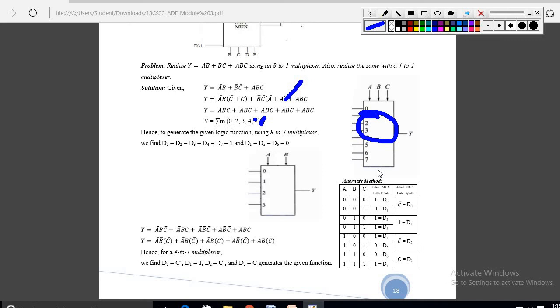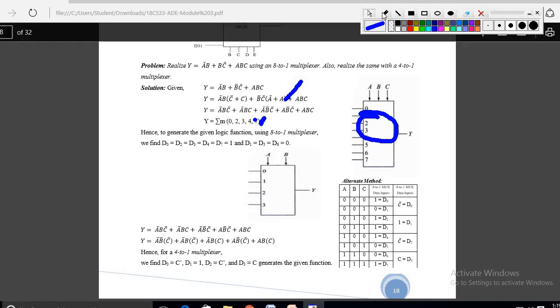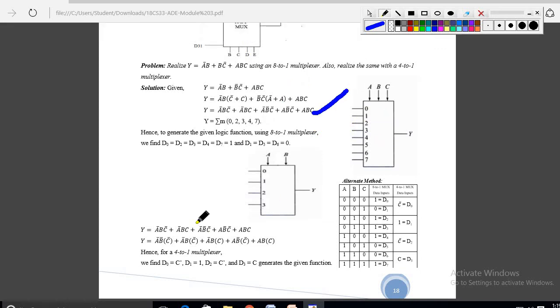Like that you have to do it for the 4:1 multiplexer. How will we do the 4:1 multiplexer? The same expression we obtained here. For 4:1 multiplexers only 2 control inputs are there, but here 3 possible control inputs are there: ABC, ABC, ABC. So one of the control inputs you have to remove, that is C. Whatever C term is there, you have to remove. For that reason, make this C bar independent.